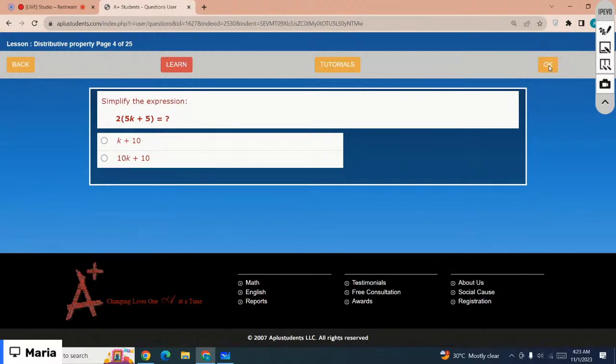Okay, the next one is 2 times 5k plus 5. The correct option is the second one, that is 10k plus 10, right?